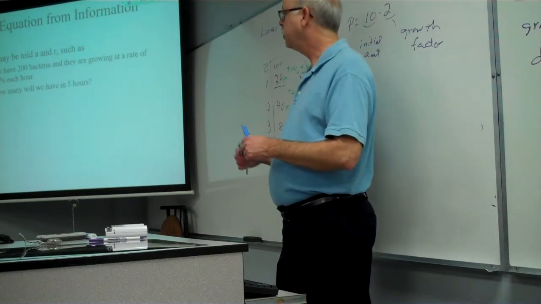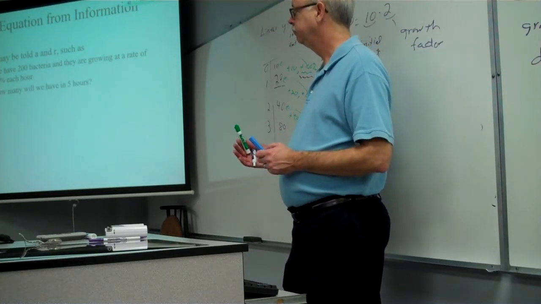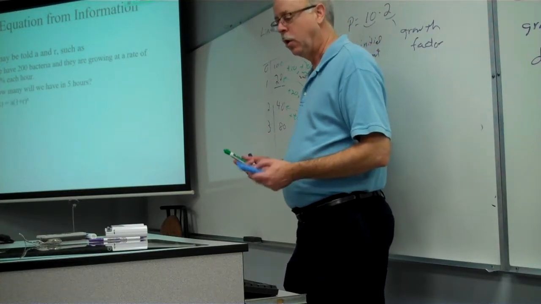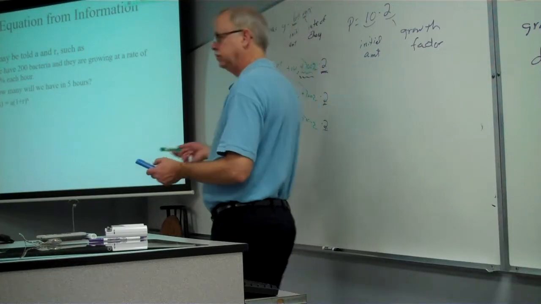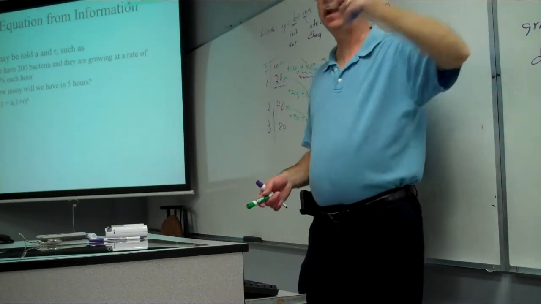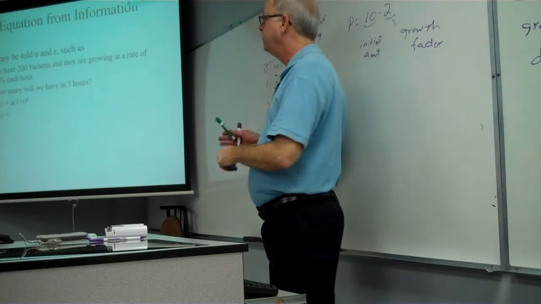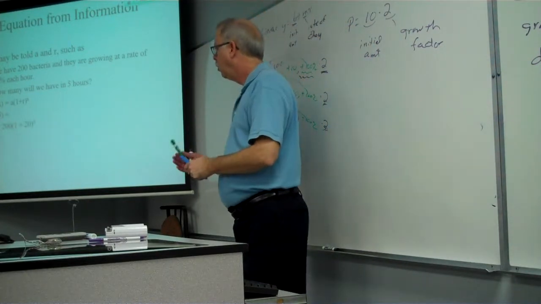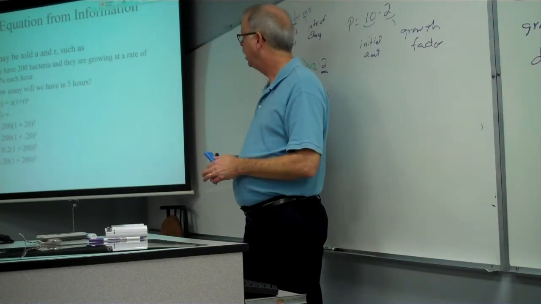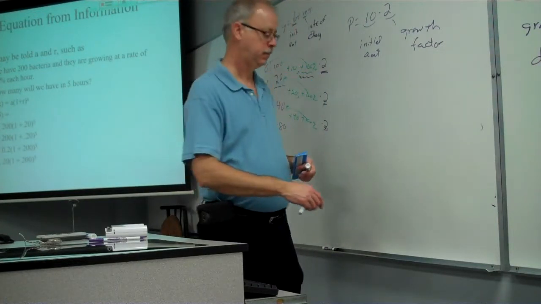Well, we'd like to know how many we are going to have in 5 hours. That's one of the questions. So our basic model is this one, the initial amount times 1 plus the rate to the x power. So based on what they've told us so far, which of these 4 options are we going to be trying to compute?